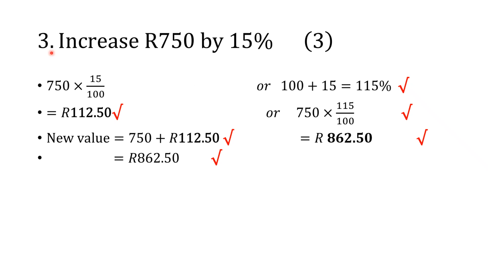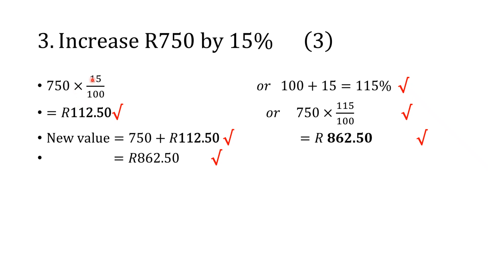Alright. Number 3. Increase 750 by 15%. So already you should logically understand increase: my answer must be bigger than 750. So again, I first need to know what's 15% of 750.